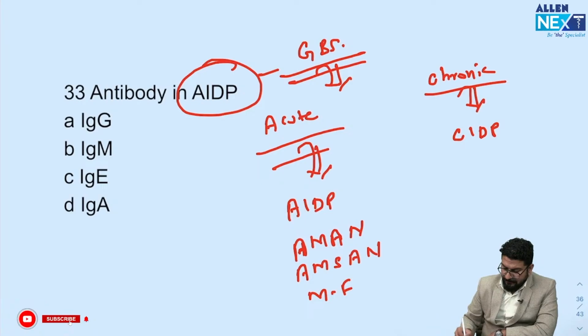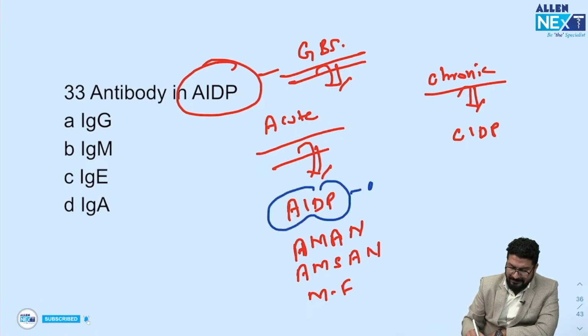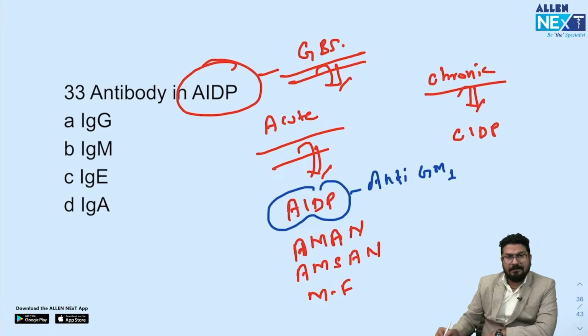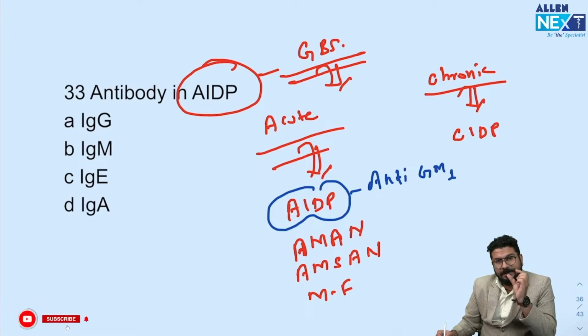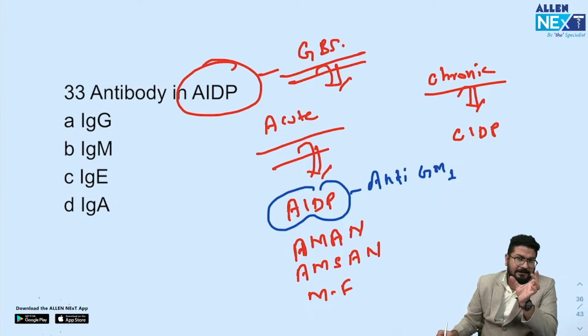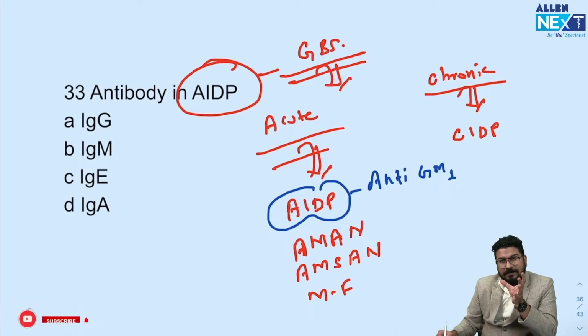In AIDP, generally we see anti-GM1 antibody. Remember there is a period of 2 to 4 weeks before the appearance of symptoms. 2 weeks means 14 days, and 4 weeks is around 28 days.